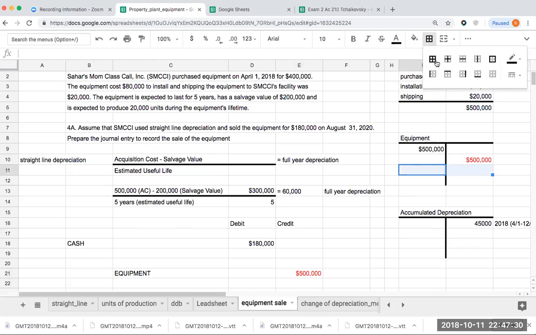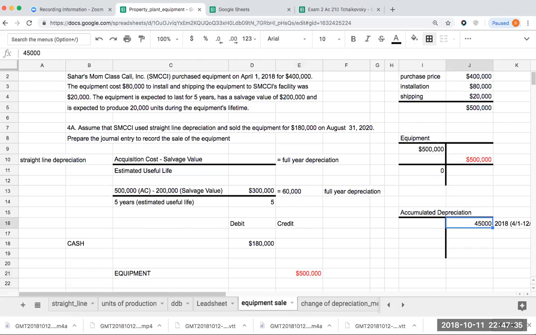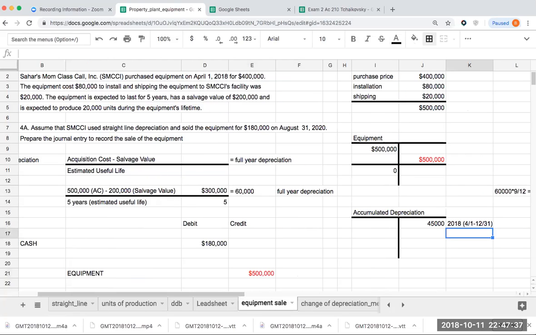At the same time, I need to get rid of my accumulated depreciation balance. Before we get rid of it, we need to figure out how much is in here. From the very first question, we took $45,000 of depreciation in our first year.